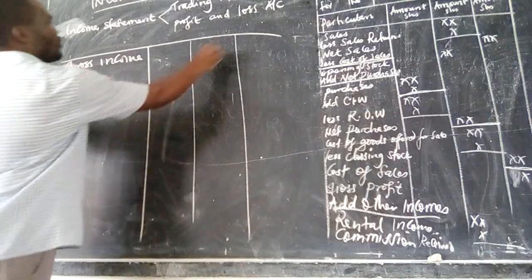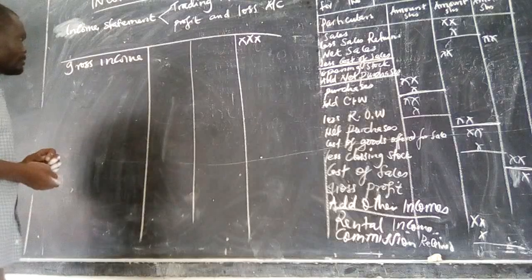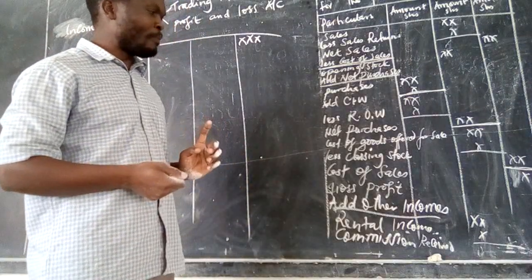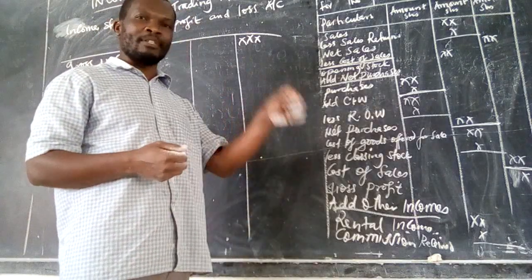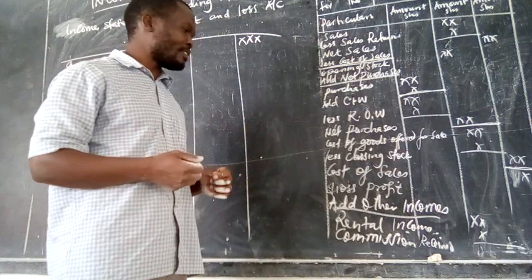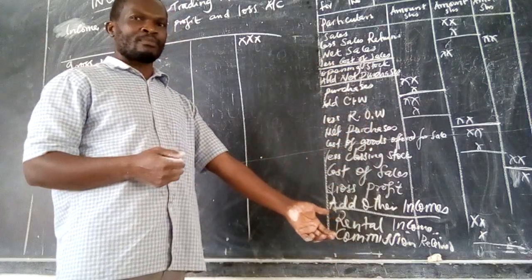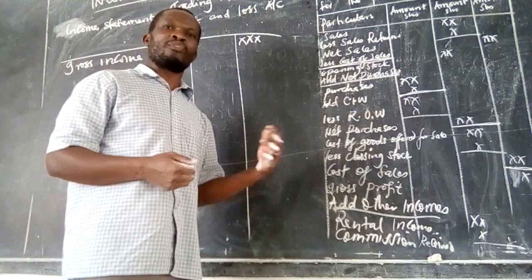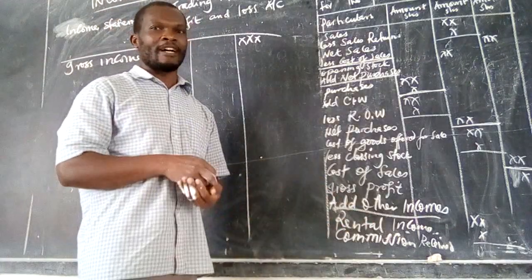So gross income, we put it in the third column. Remember, gross income is totally different from gross profit. Gross profit is just income got from the business involved in the buying and selling of goods and services. But the business may have other incomes, maybe from sale of land or sale of old furniture. The moment you see that income, you're supposed to add it there.